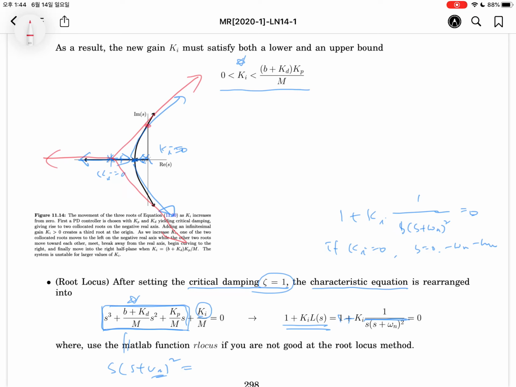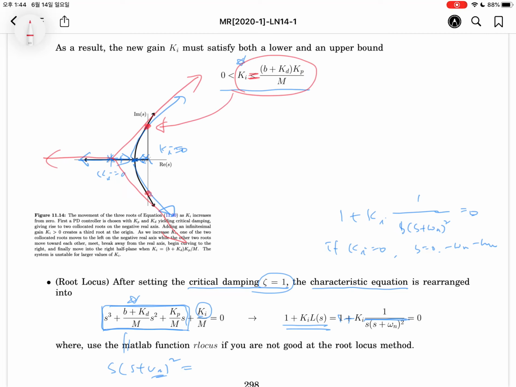If you want to check this point, at that time the Routh-Hurwitz criterion in the previous slide should be applied. So we can get this condition from here. Maybe both are the same. This condition will be obtained at this point.